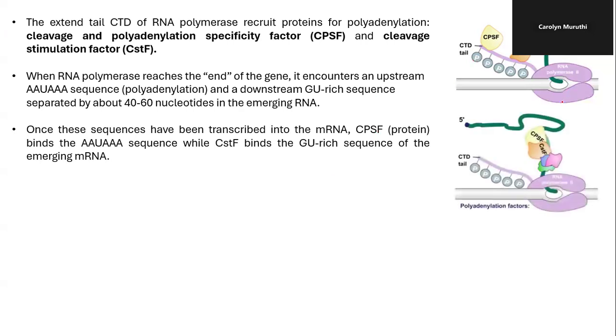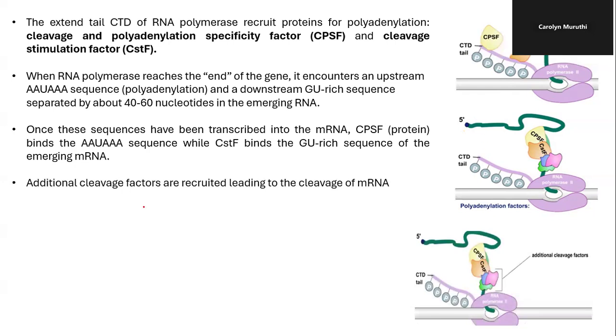CPSF and CStF will bind to the newly synthesized messenger RNA. So we find that CPSF will bind to the AAUAA sequence, whereas the cleavage stimulation factor will bind to the guanine-uracil-rich sequence of the emerging mRNA.